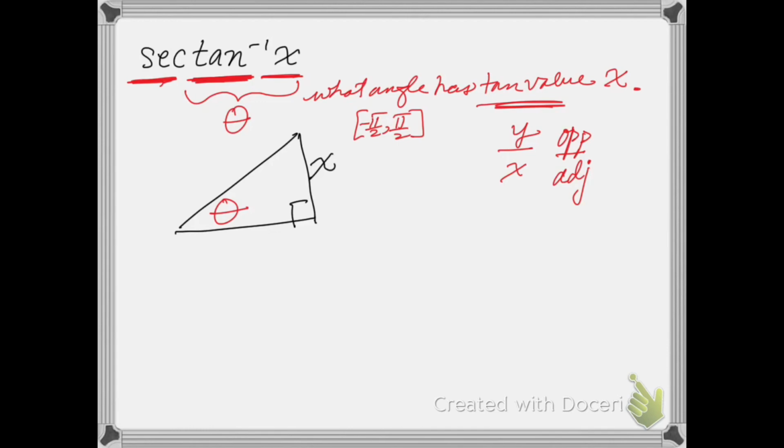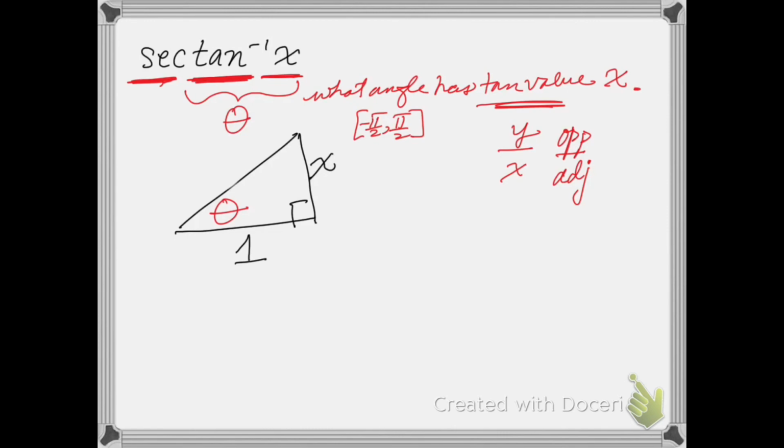It would need to be 1. Well, back it up, sorry. Not opposite over hypotenuse, it's opposite over adjacent, right? So this 1 I need here is the adjacent. So I've got opposite over adjacent of x, which is x over 1.